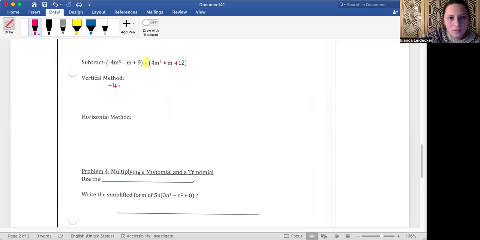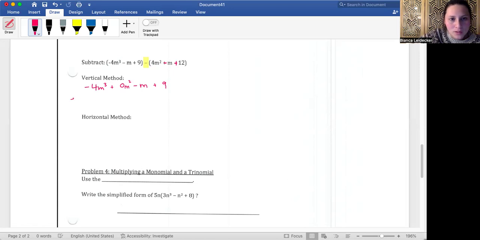This would be negative 3m to the cubed minus m plus 9. And then here, I'm actually gonna add nothing here. 0m to the second power.